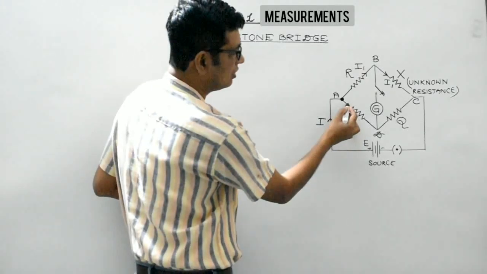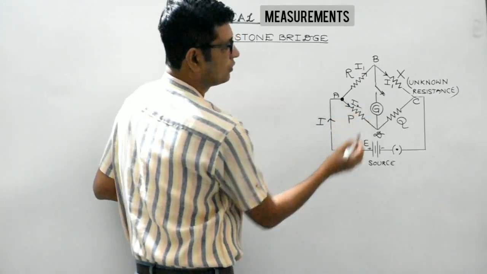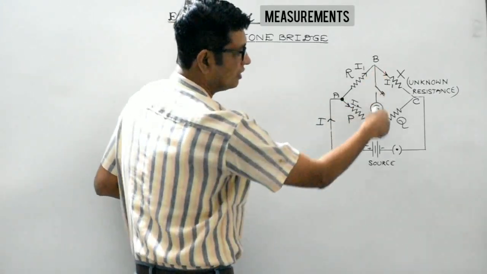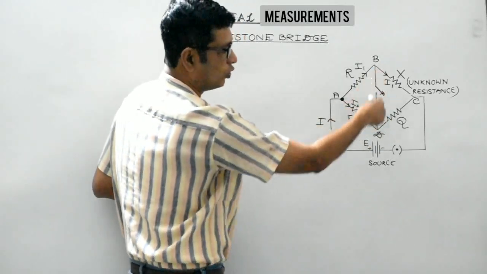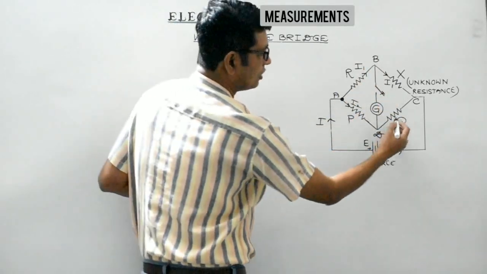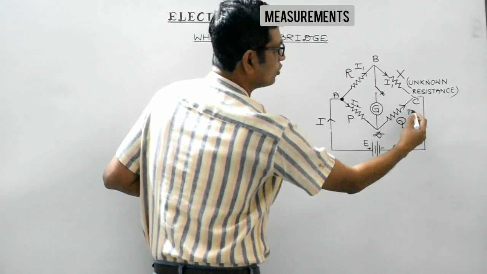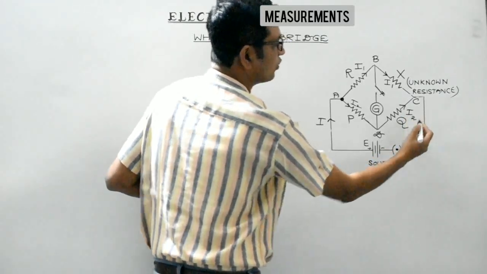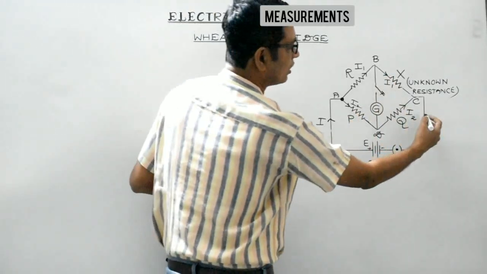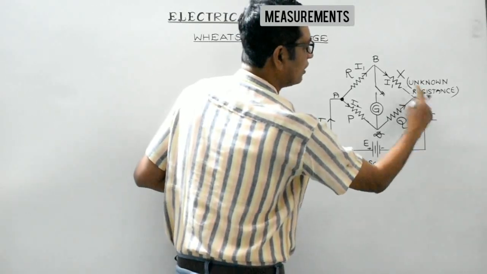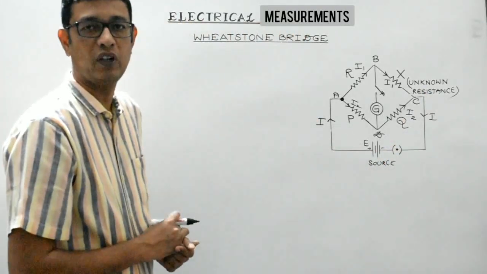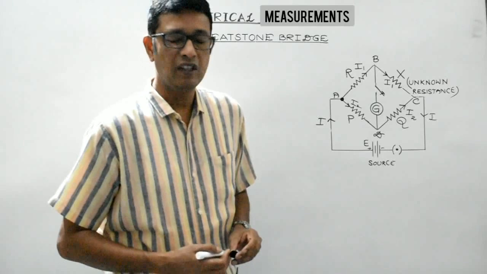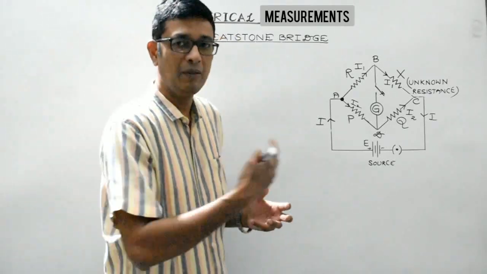Now suppose here current I2 flows. Since the tapping key is open, no current flows through the branch BD. So the same current I2 will flow through the resistance Q as well. And they will combine together, and again current I will enter the negative terminal of the source, right? As we are aware, there can't be any accumulation of charge at any point in the circuit.